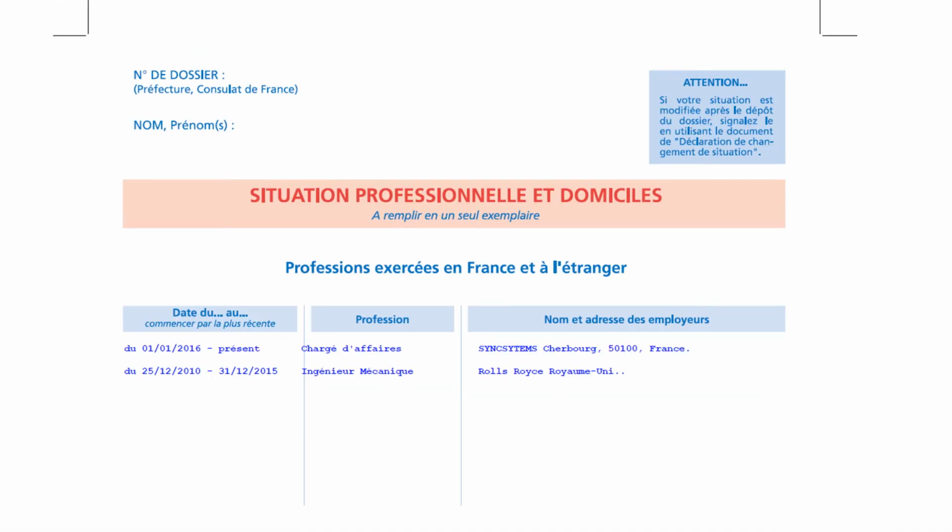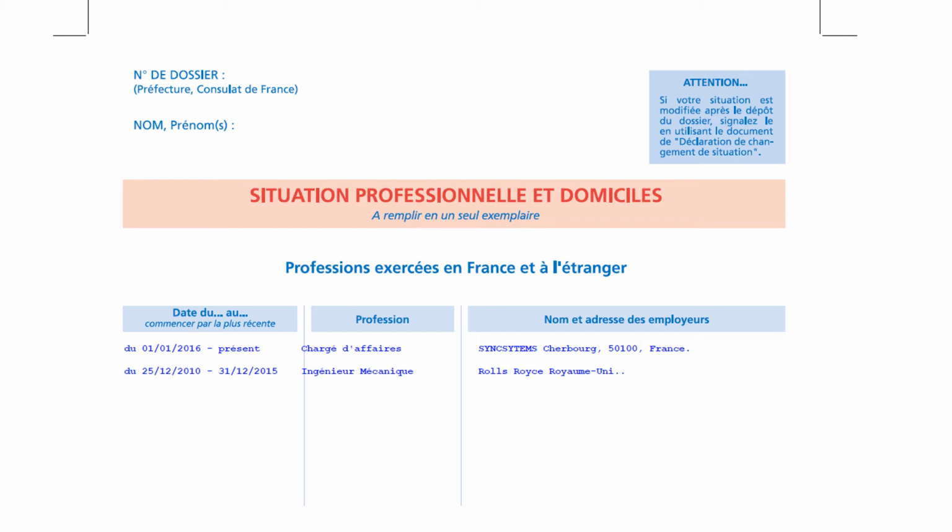Then we move over to page 5, where you're expected to provide information on your professional history. Whether it's in France or abroad, everywhere you've worked, including any gaps, you have to provide information on that.